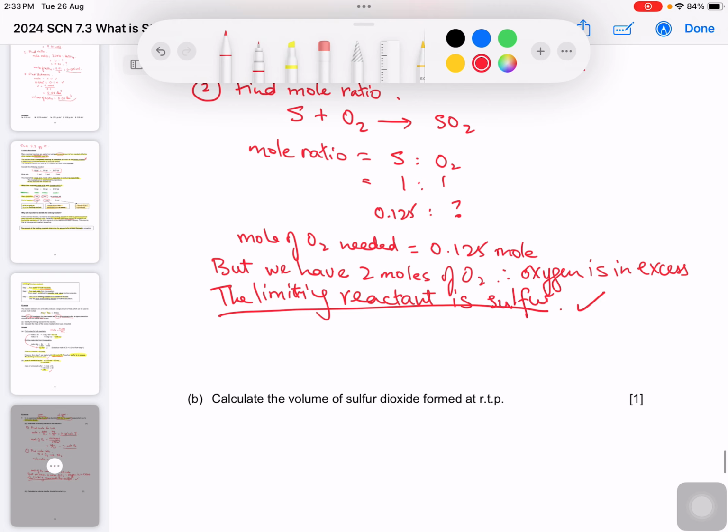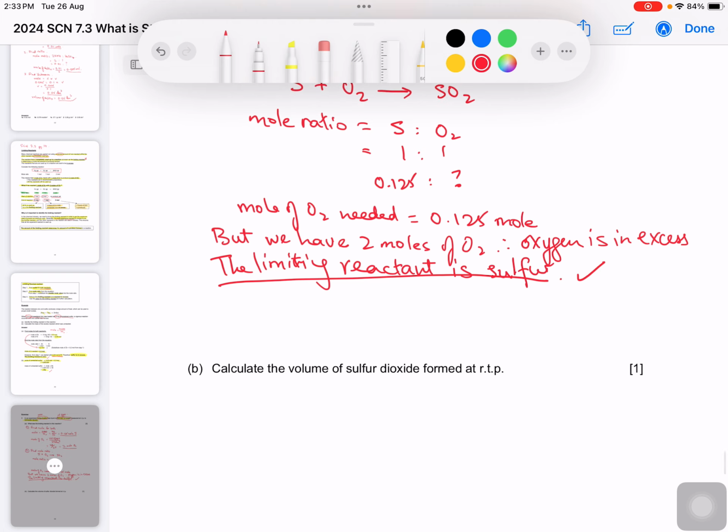Okay, next. Calculate the volume of sulfur dioxide. Now our unknown is sulfur dioxide. We don't have any information about sulfur dioxide. When you don't have anything about it, you must find the mole ratio to connect sulfur dioxide to something that we know.